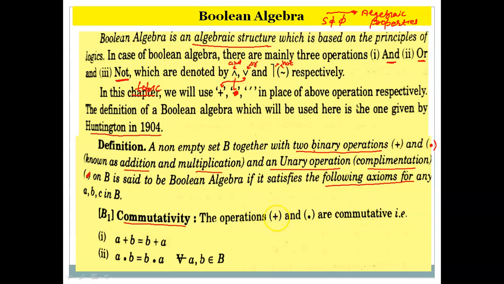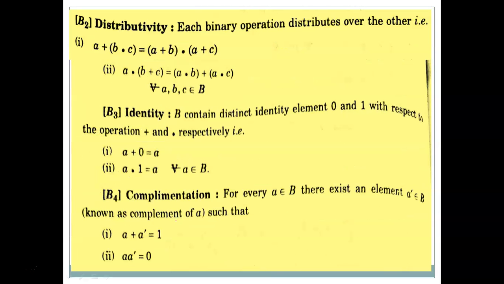With respect to plus, A plus B is equal to B plus A, and for dot, A dot B is equal to B dot A. This is known as the commutativity of the Boolean algebra B. We will not call it a Boolean algebra at this moment. Once it satisfies these axioms, B1, B2, B3 and B4, then we can say that it is a Boolean algebra.